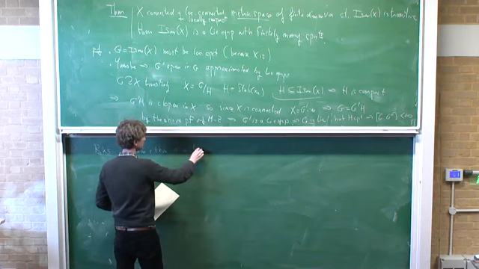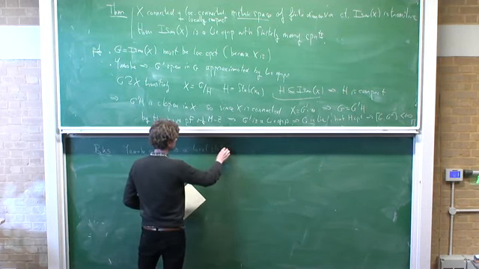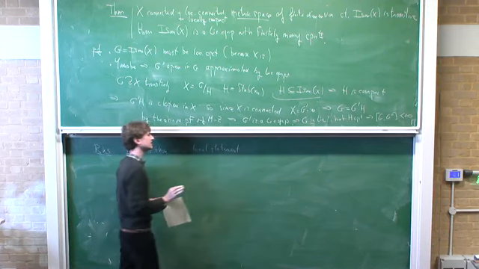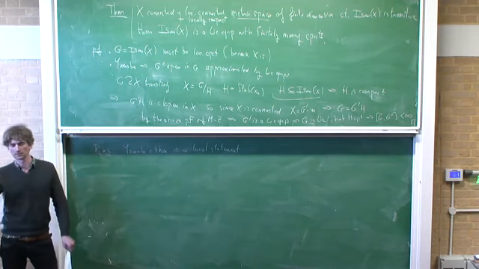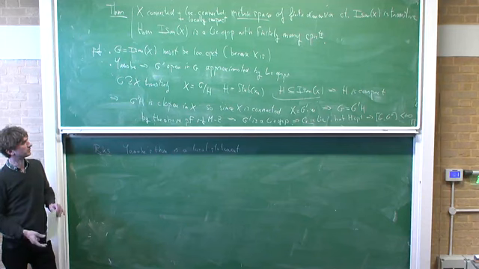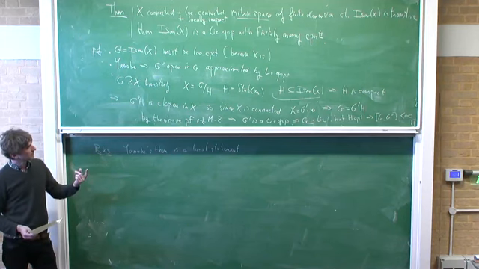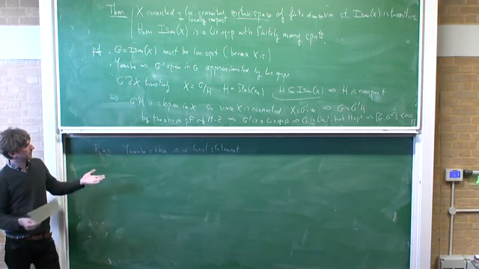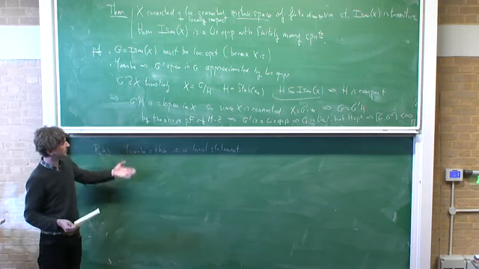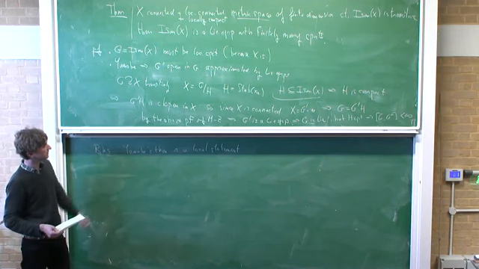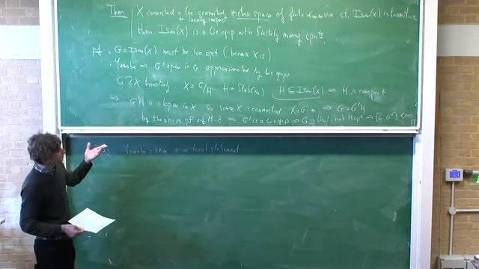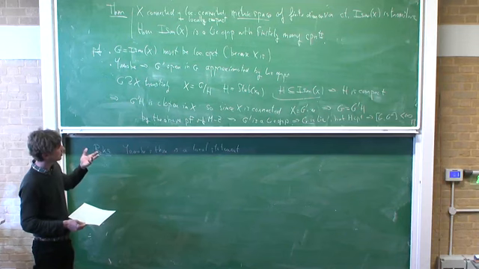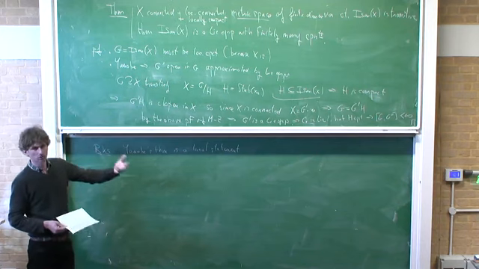is a local statement. So this means everything happens really near the identity. It doesn't take into account the global structure of G. And indeed, it only says something about some open subgroup of G. And it turns out that the proof can be adapted to not locally compact groups, but locally compact local groups.